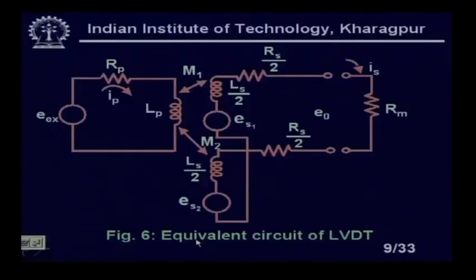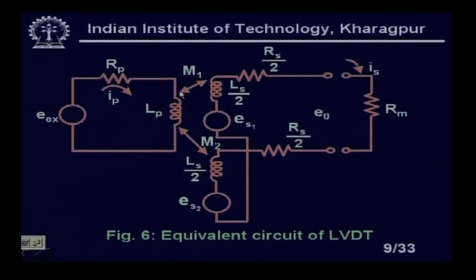You see, this is our equivalent circuit of LVDT. We have taken here this inductance Lp, the primary inductance, this is the primary resistance Rp, and this is the excitation voltage Ex. There are two secondaries, and if you assume the two are exactly identical, I can take this inductance as Ls by 2 and this resistance as Rs by 2, so we will get a simplified equation.